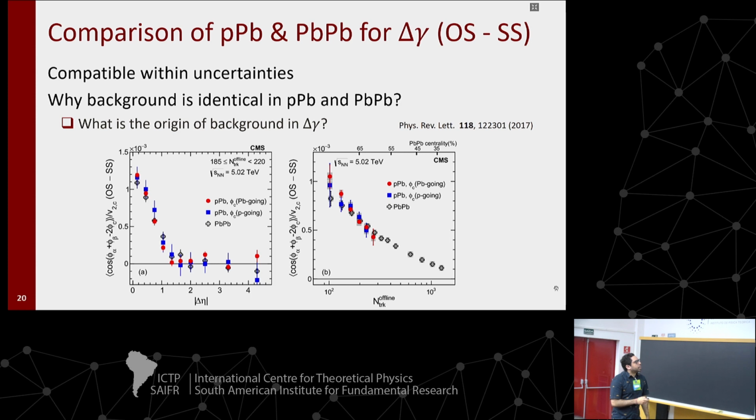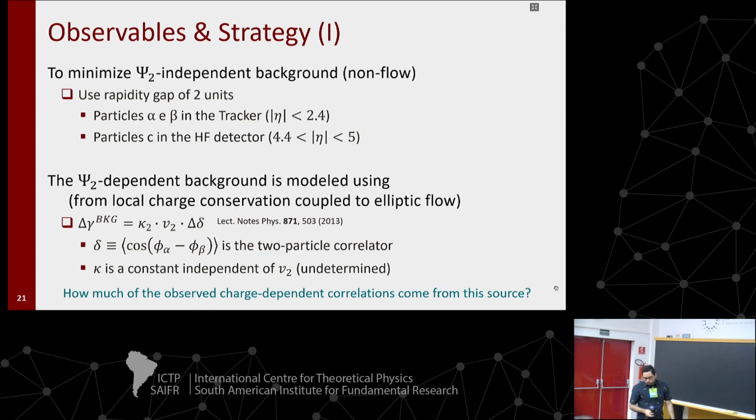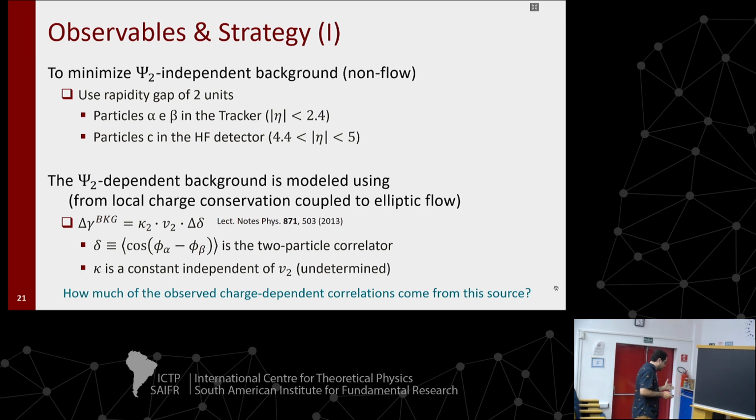You can look closer at the data and see that there are probably some trends, but we would need more precise results. In principle, what we got indicated that this effect was mostly from the background, because in p-lead we were not expecting a big signal from the CME. But this was not enough.